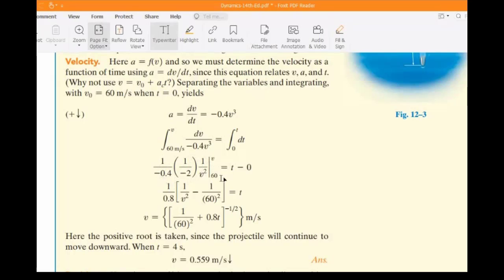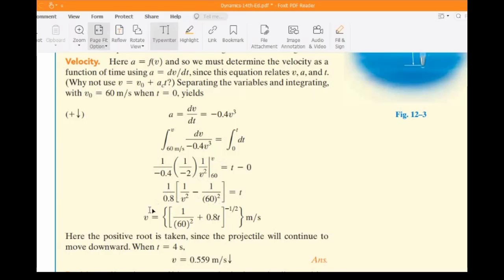So dt is equal to directly t to the power 0 to t, so t minus 0, and 1 minus 0.4 into 1 minus 1 divided by minus 2. This minus minus will be plus, and 0.4 multiplied by 2, so this 1 by v square will be v square minus 1 by 60 square. Everyone clear on this one?